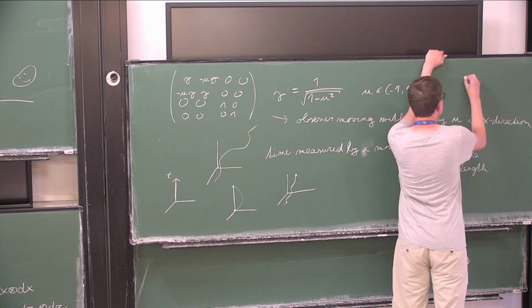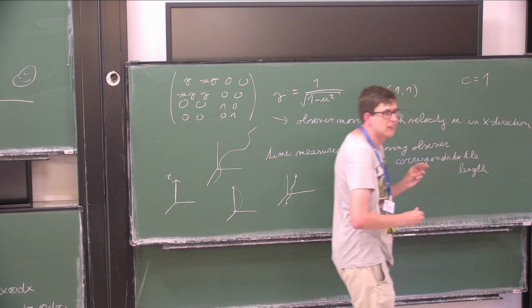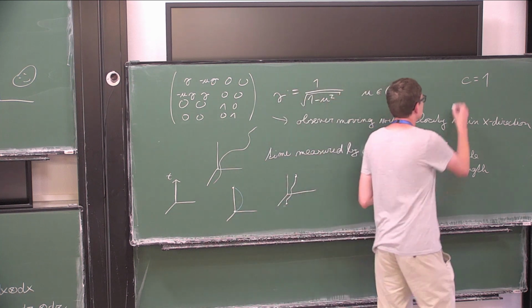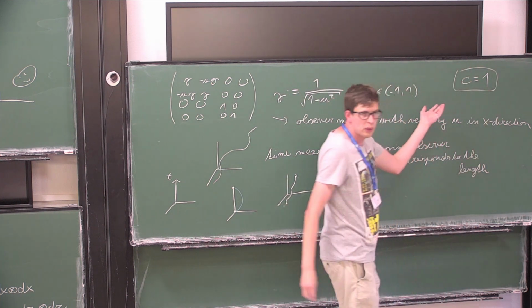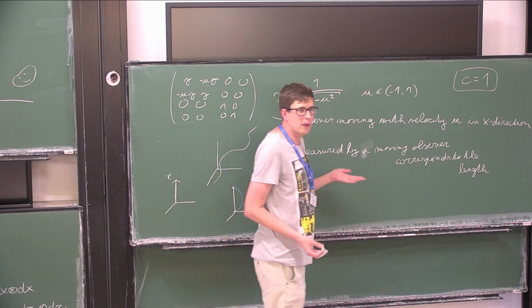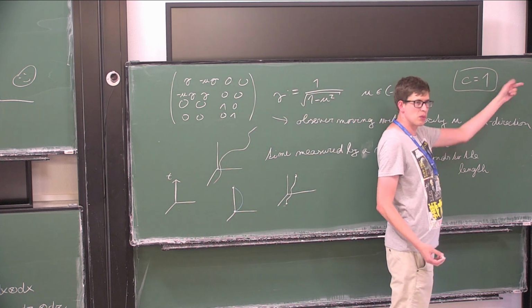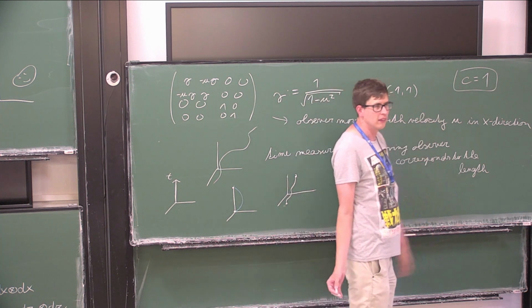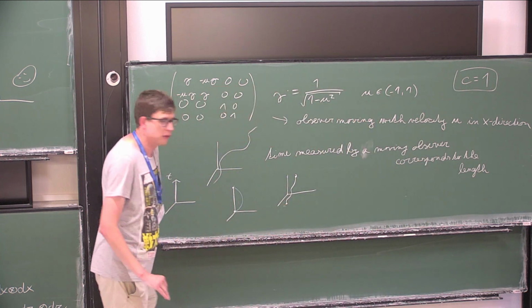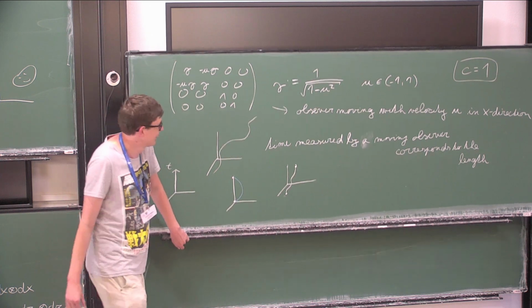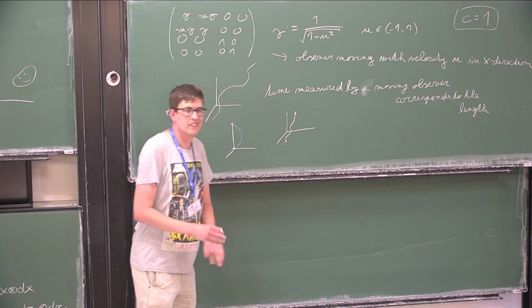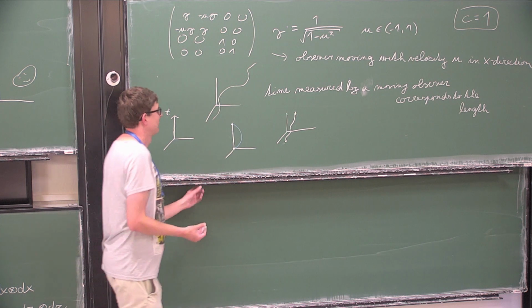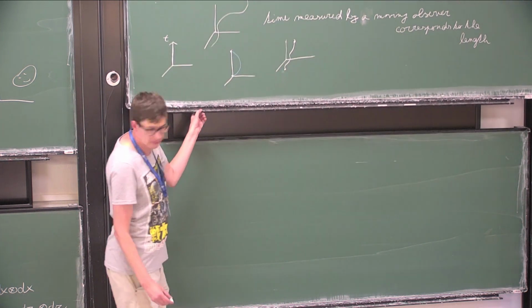In all of these things, c equals 1. This might look like a weird thing, but it's perfectly normal, because usually you have some units, and the units are arbitrary. So you can choose units in which c equals 1. It's a perfectly legit thing, so I don't know what the fuss is about for some people. Yeah, thanks, that's a good point.